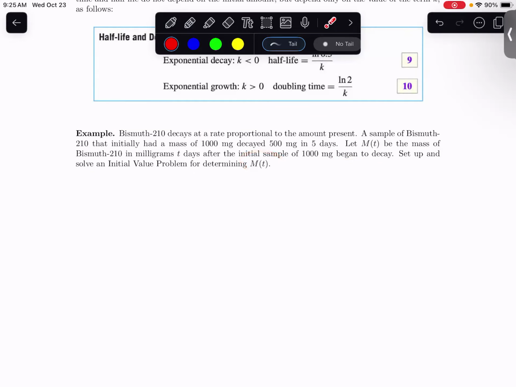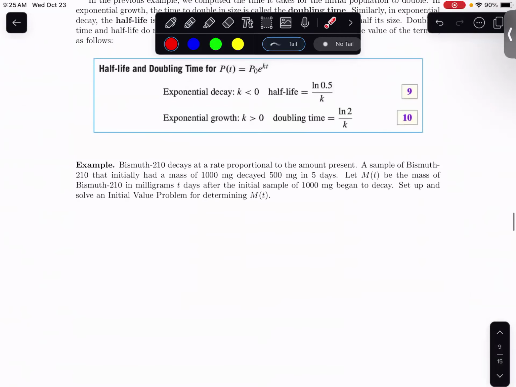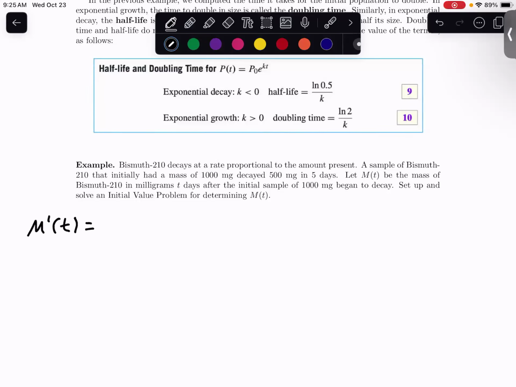So really, we're just repeating what we did for part 1 of the previous problem, except now we have some different conditions to work with. The key point here is that bismuth 210 decays at a rate proportional to the amount present. So just like the previous example, because the rate of change is proportional to the amount present, we have that m prime of t is equal to k times m of t, where this function determines mass, and this is the rate of change of mass that's occurring.